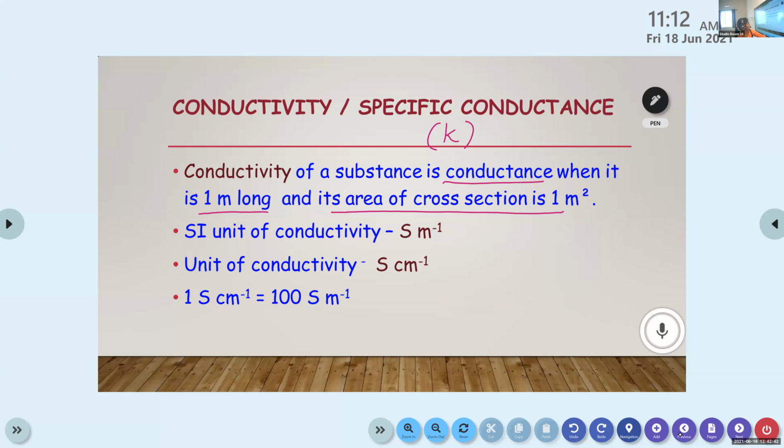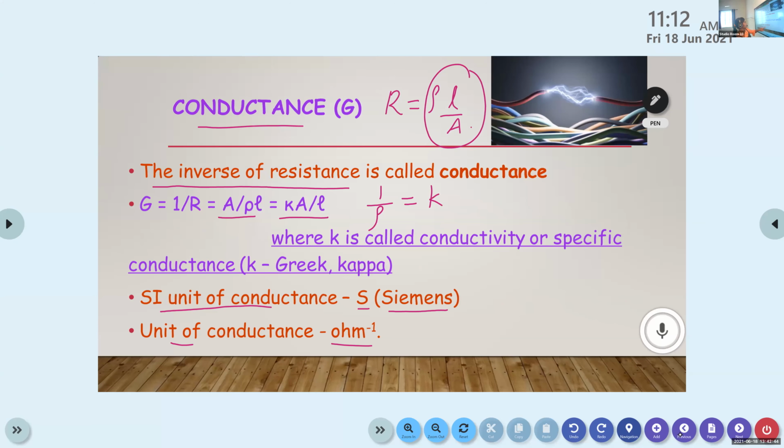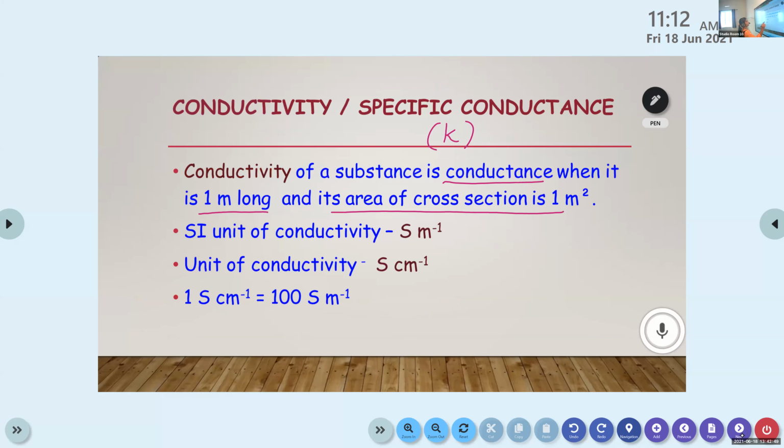Just look at the previous equation: G equal to K A by L. When A equal to 1 meter square and L is equal to 1 meter, G is equal to K. That's the definition.